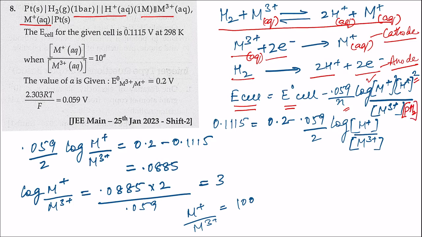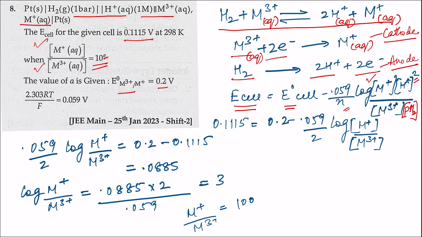Now in the question, E cell is given and ratio of the concentration of M plus ion to M3 plus ion is given as 10 to the power A, and you have to find out the value of A. Standard reduction potential of the metal is given as 0.2 volts.